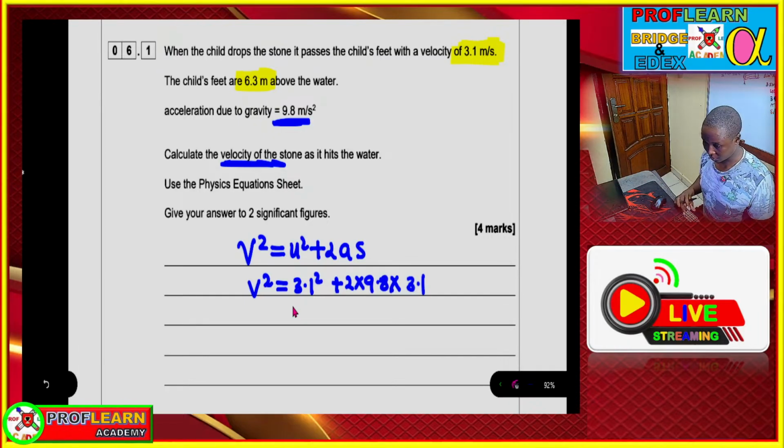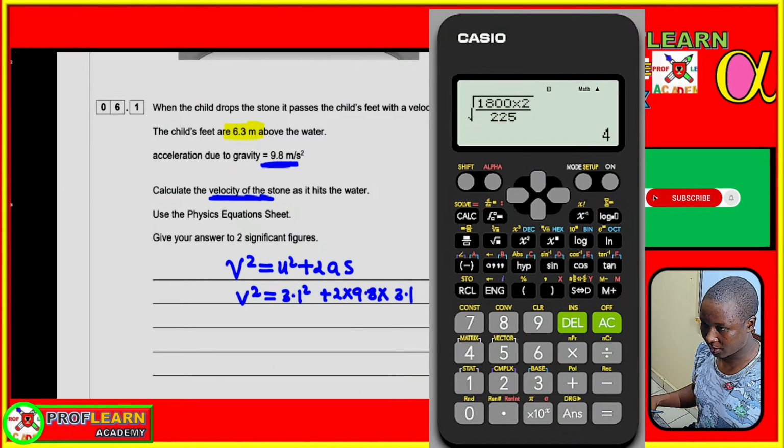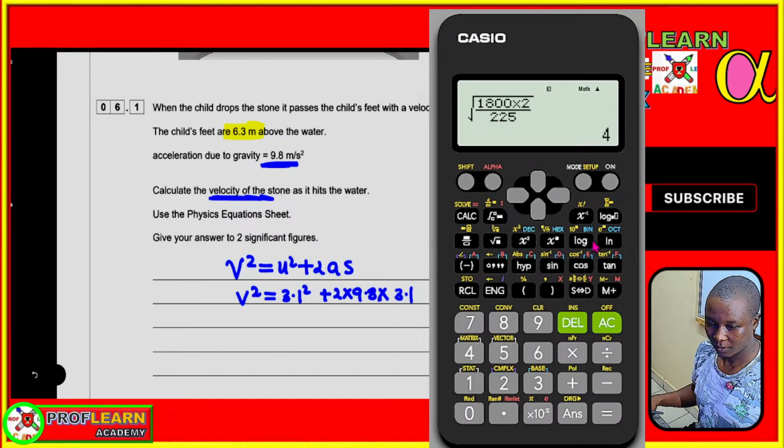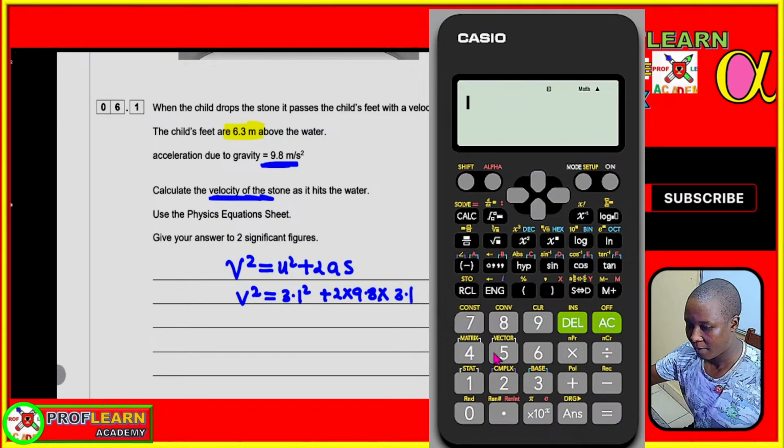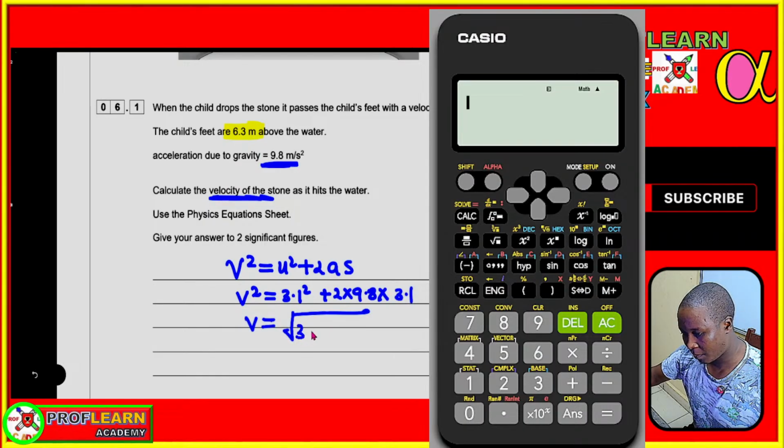So if you work it out, you're going to say 3.1 squared. We can work that out in our calculator. In order to work this out, we clear everything, so v is going to be the square root of 3.1 squared plus 2 times 9.8 times 3.1.